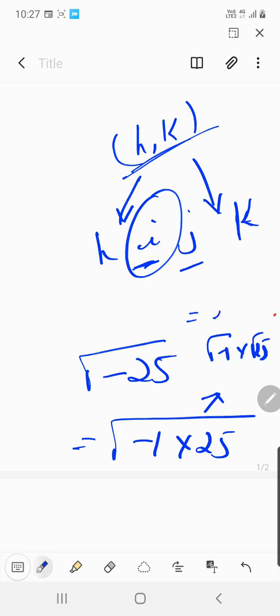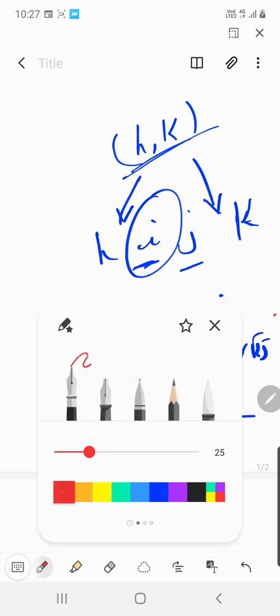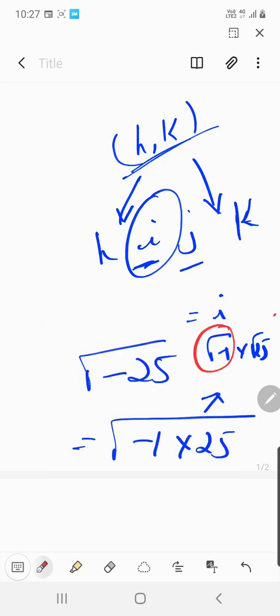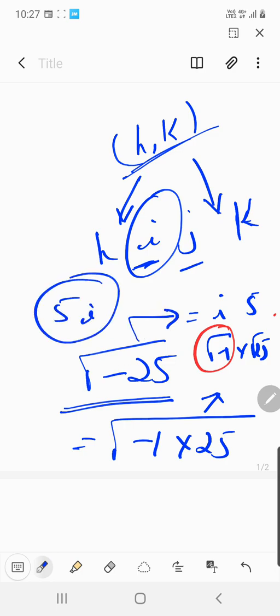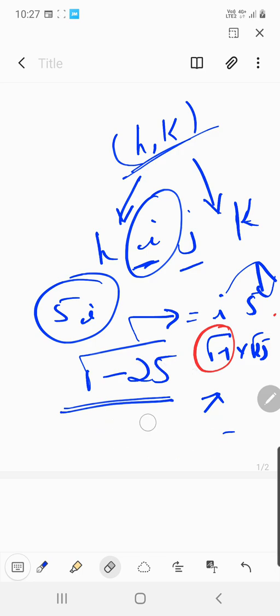Square root of minus 1 is i, and square root of 25 is 5, so the square root of minus 25 is equal to 5i. The i is written after the 5 as a convention. 5i is an imaginary number, a complex number.